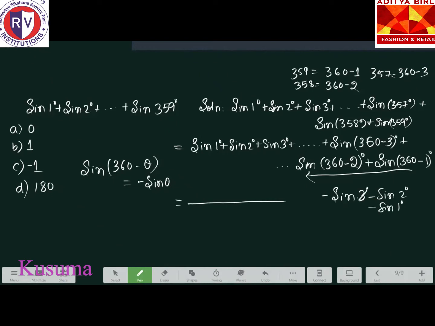The next term will be sine 4 degree, but here the previous term will be minus sine 4 degree. Like that, every term cancels out and the remaining will be equal to 0. So 0 is the answer. Which is your option? A. Understood?